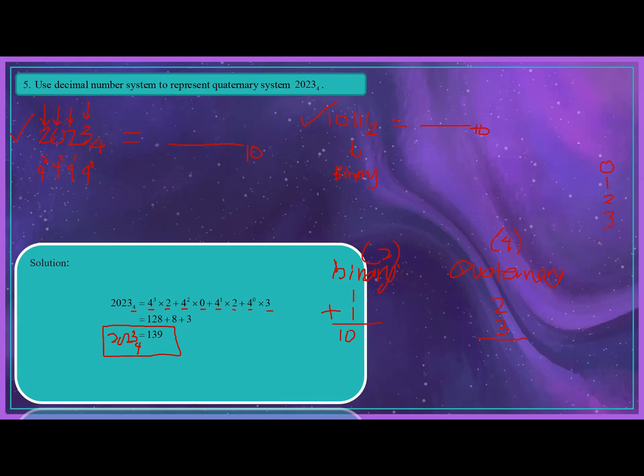So is there a 4? No, there is no 4. So you jump to 10, then 11, 12, then 13, then 20. Okay, so basically this is in quaternary system. In decimal system, this would be our 0. This is our 1. This is our 2.